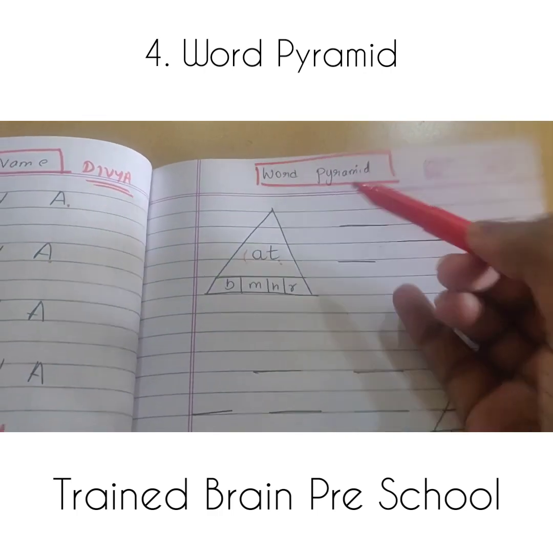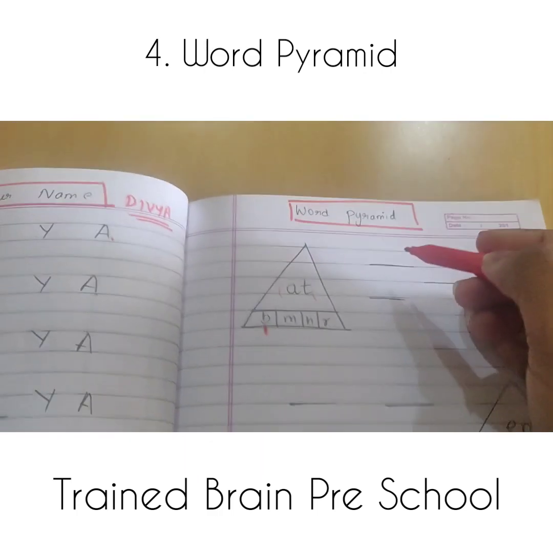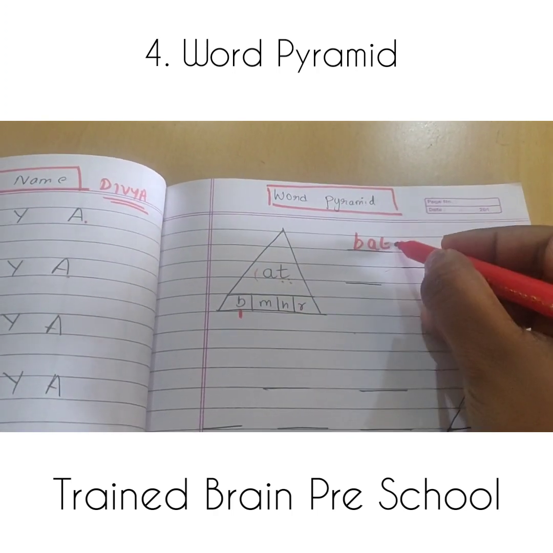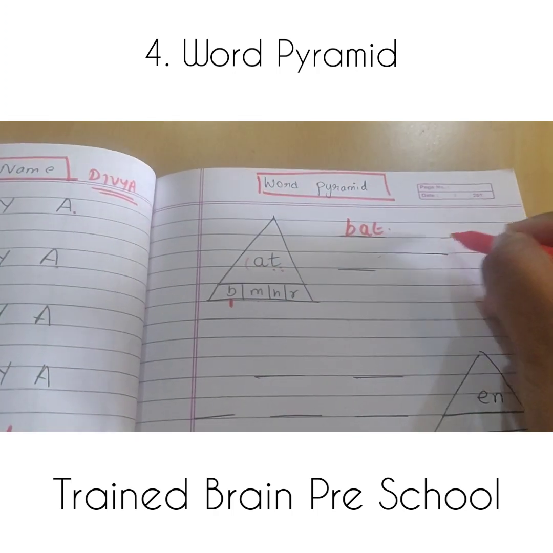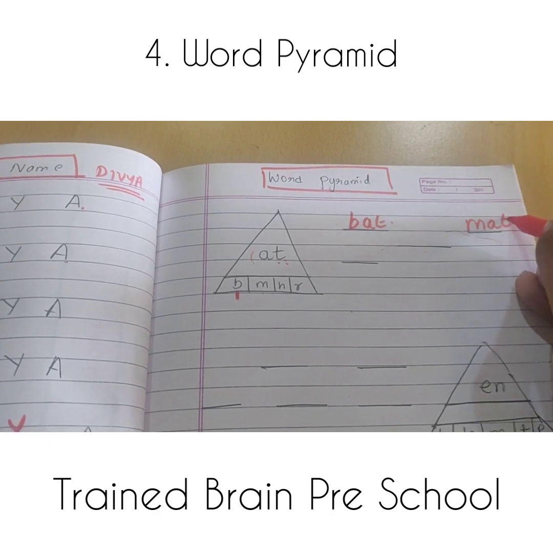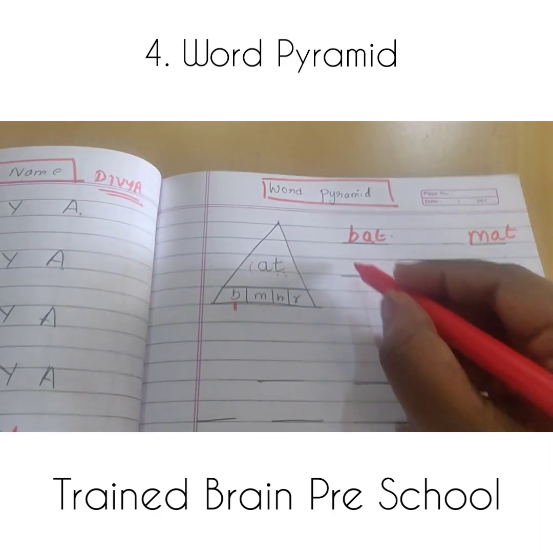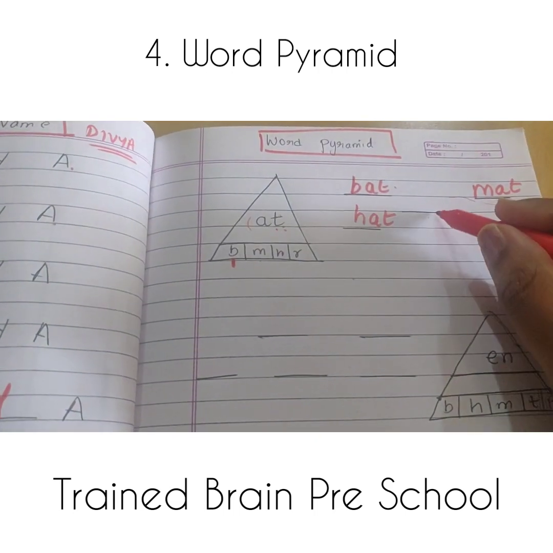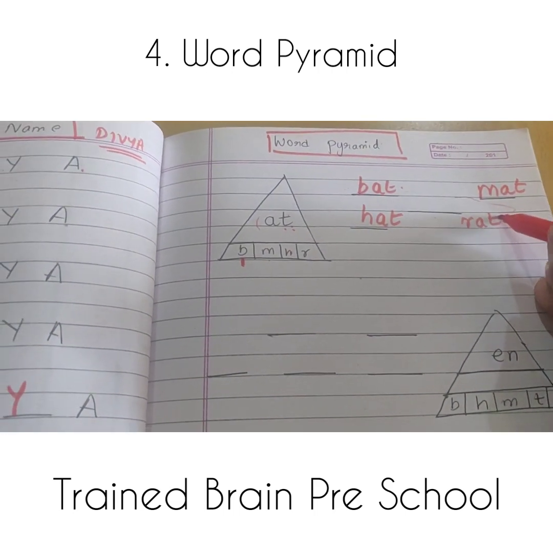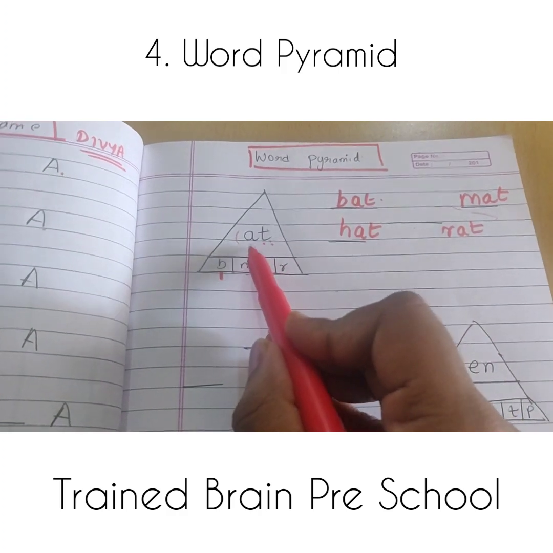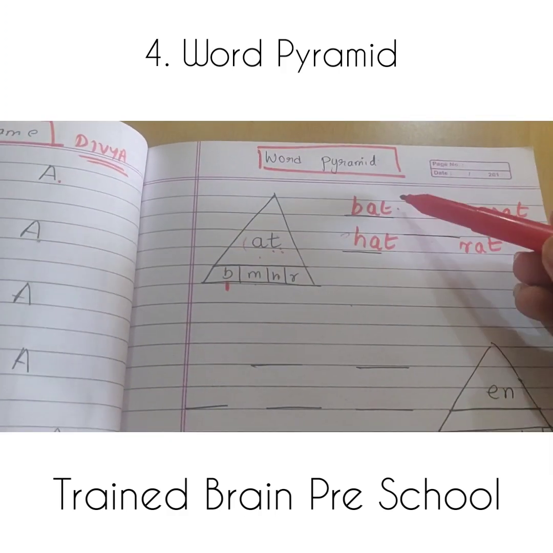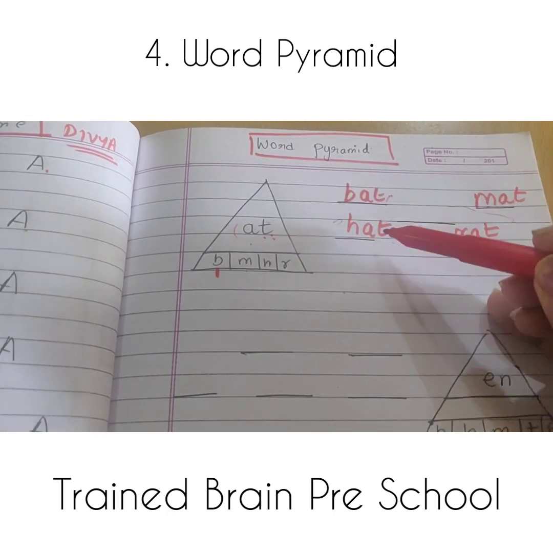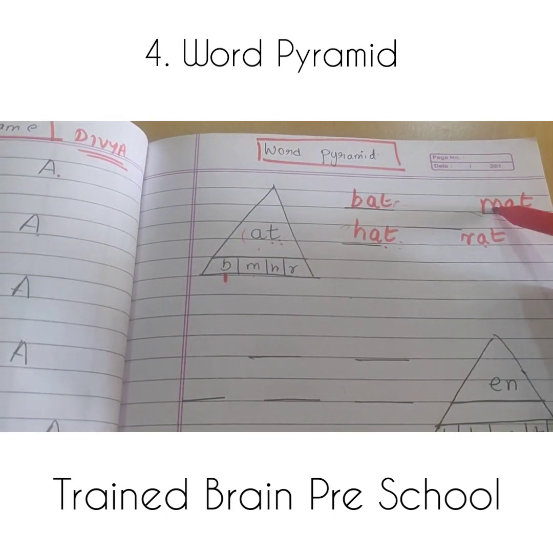Since it is of the at family, I have to take the first letter, so that it becomes b and at, bat, m, at, mat, h and at, hat, r, at, rat. So we did the words of the at family and then we could read them multiple times like bat, hat, mat, rat, bat, hat, mat, rat.